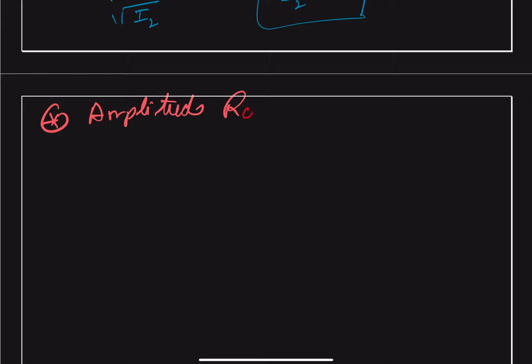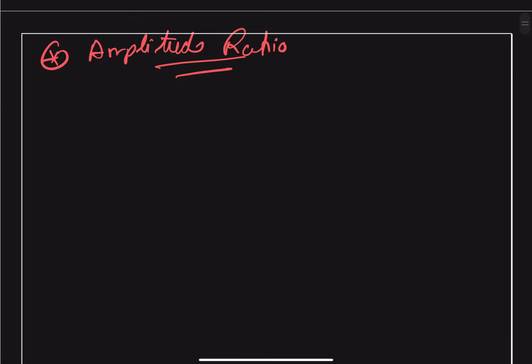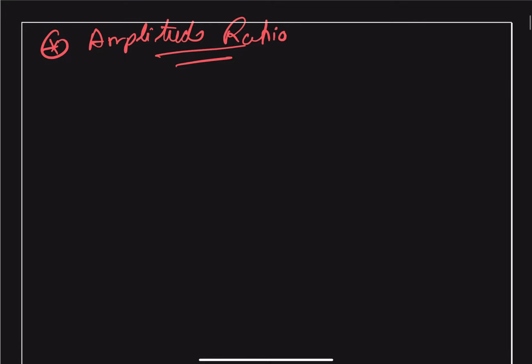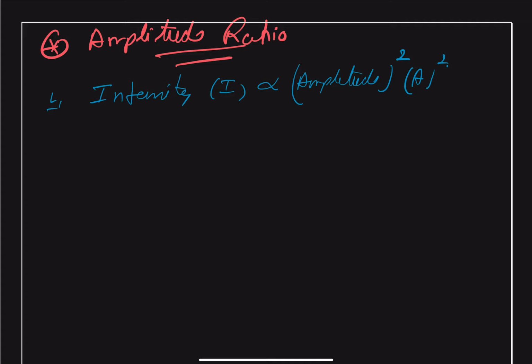For this amplitude ratio, we know that intensity is proportional to the square of the amplitude. So our intensity I is proportional to A square.